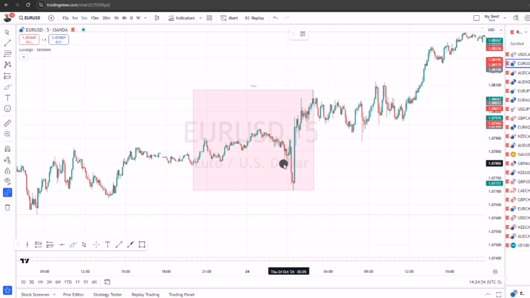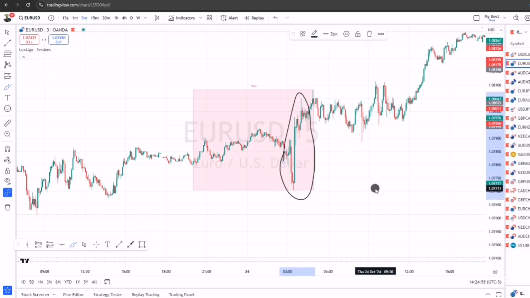Okay, it's like here. If you understand the market, you will know that this was caused by news events. So just before the major news, know that life is a risk. It's either you win or you lose. So it's safe that you get out before these major news events.